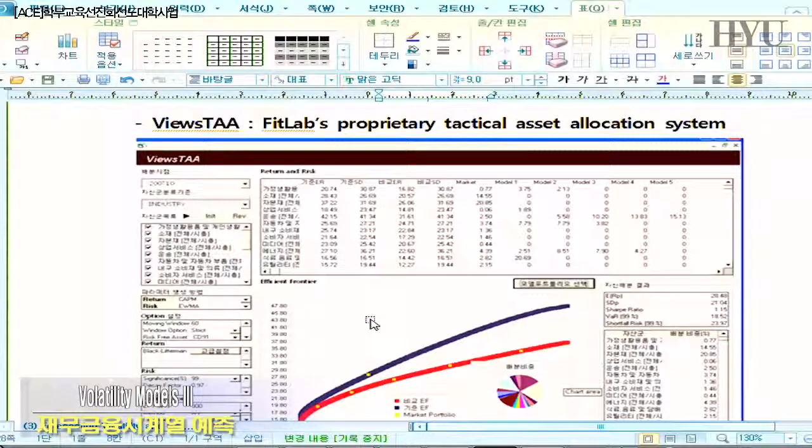So they use some method, EWMA or others. But this software itself was developed by our graduate students, master's students.